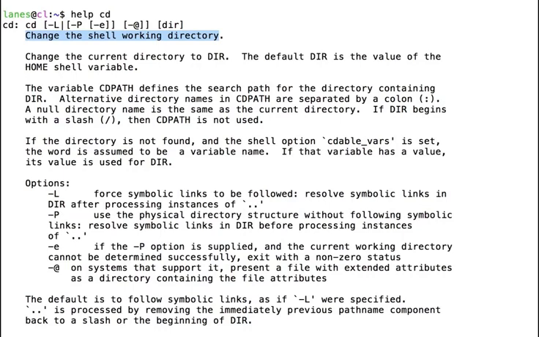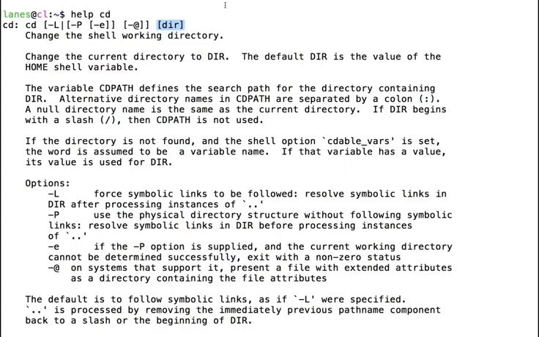Specifically, cd is used to change the current directory to dir. Normally, dir is provided by the user. However, the square brackets in the usage mean that providing this value is optional. In other words, users are allowed to call cd without providing a directory.